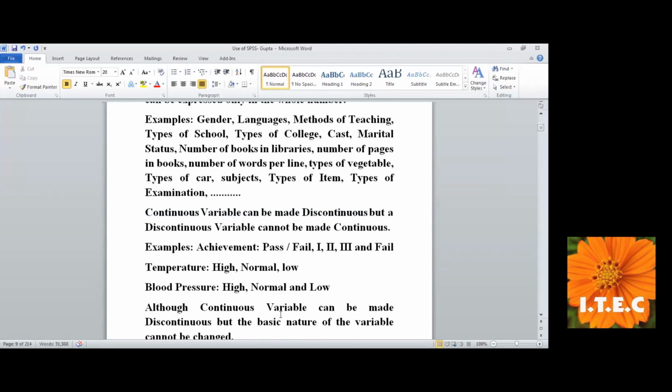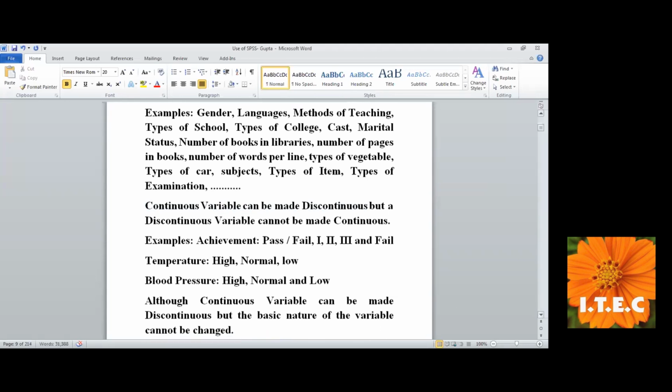If your variable is continuous, it will be continuous. If your variable is discrete, it will be discrete. But if it is a continuous variable, then you can temporarily make it discontinuous. This is perfectly correct.